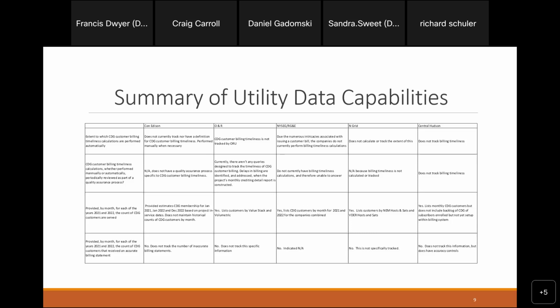Some of the metrics that we envision would require the count of CDG customers. If you were to do an average timeliness, you would have to have it by customers, and the number of customers in the denominator. So we asked a number of questions on what data the companies have collected or amassed over the last 2 years.